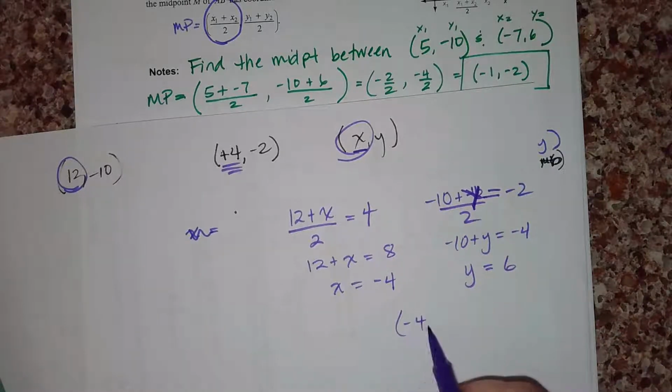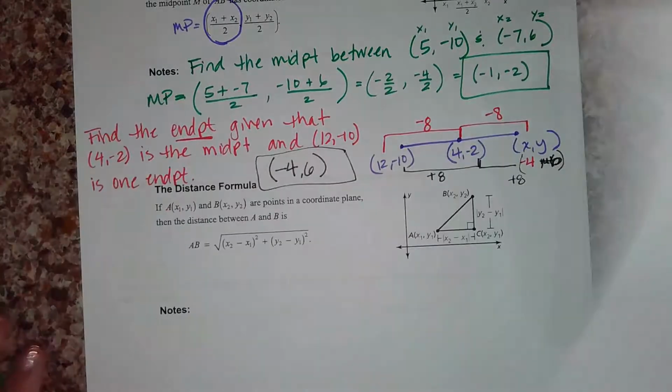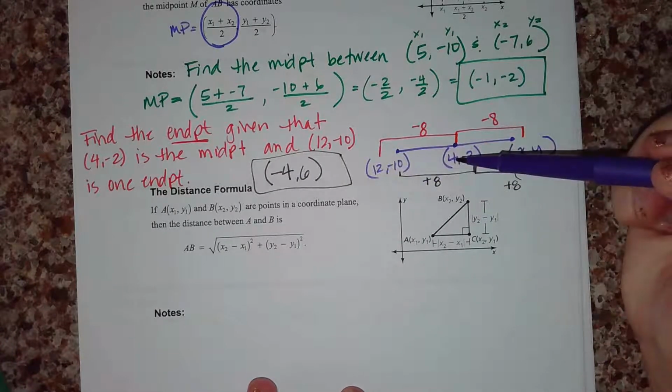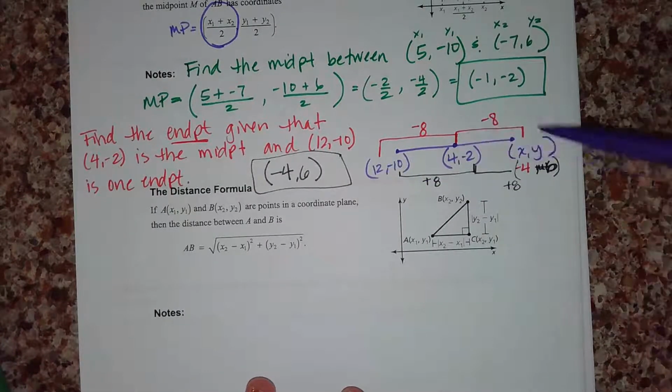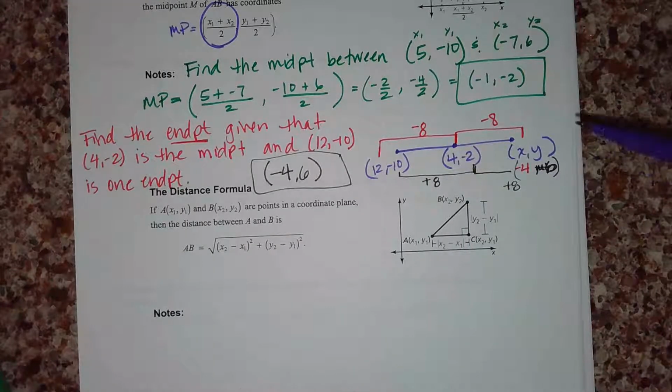This was the same answer I got when I did it the other way. So if you like the more mathy way of doing it, you can set up your equation. I like to think of it as equal distances apart. I went from 12 to 4, I went down 8, so I have to subtract 8 here. And from -10 to -2, I added 8, so I have to add 8 here. That's how I do it, but either way would work.